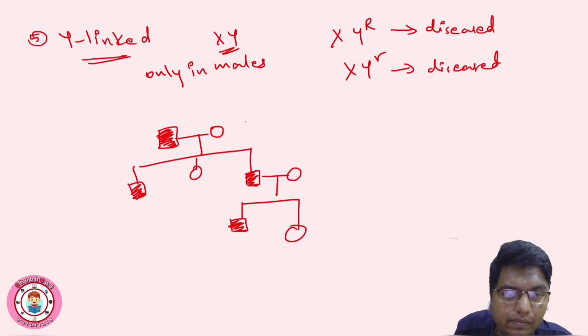So here I will draw only this marking. Okay, right? Then again this. This is X, this is again Y. So male, every male will get the disease in the chart.